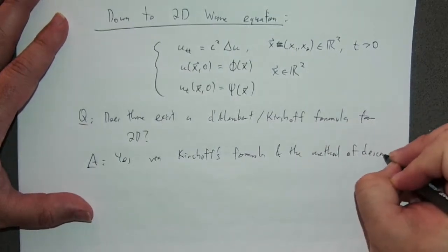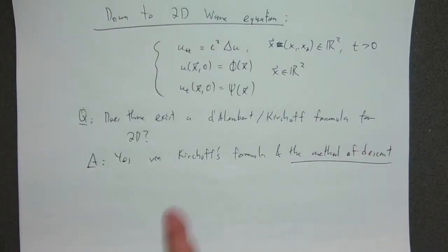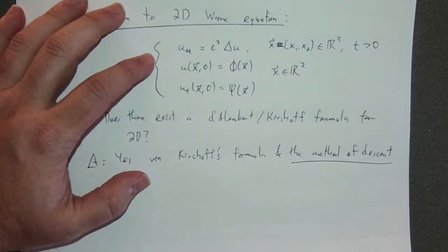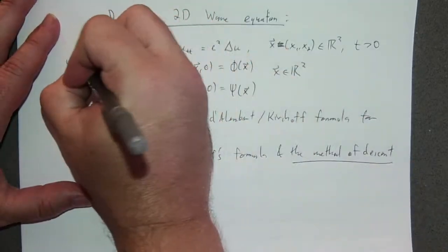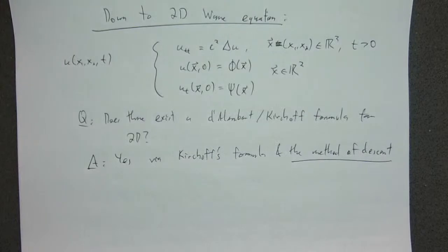I'm not going to go into this in too much detail, but basically Kirchhoff's formula can be used, and the method of descent is the following. Basically, we assume we have a solution to the 2D equation. That solution, of course, looks like a u of x1, x2, t.